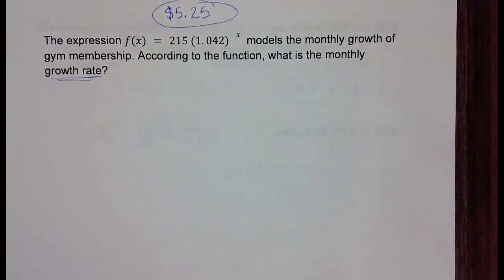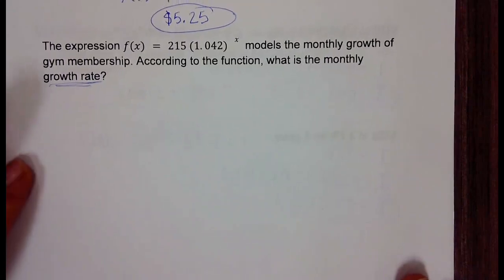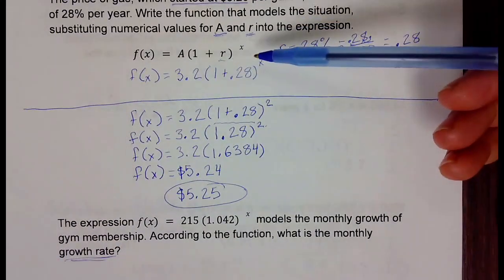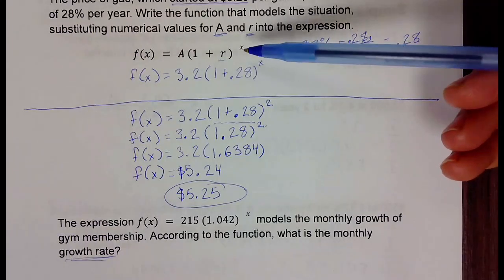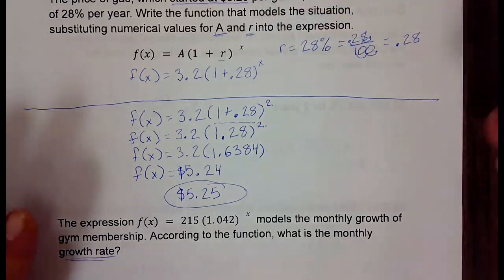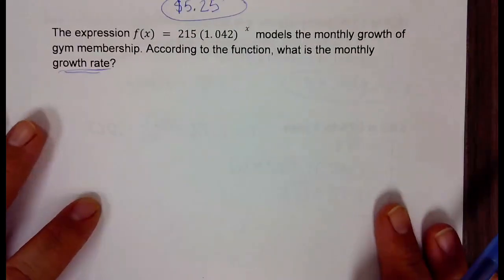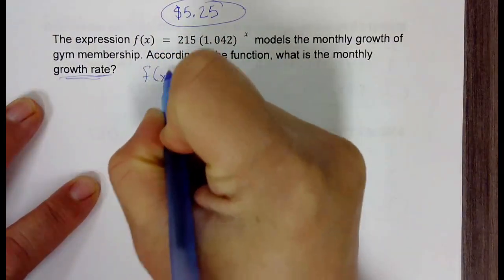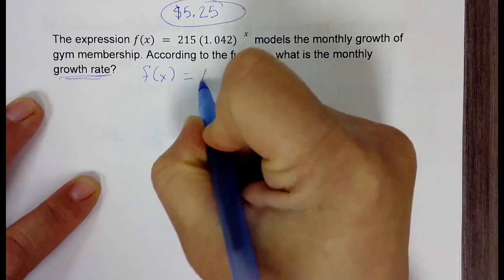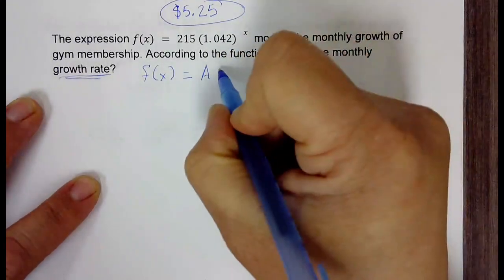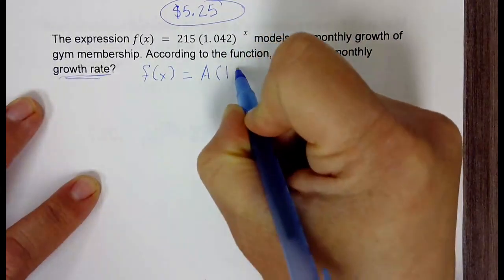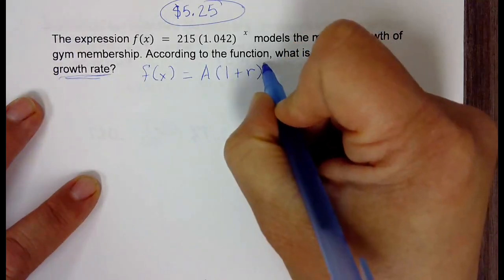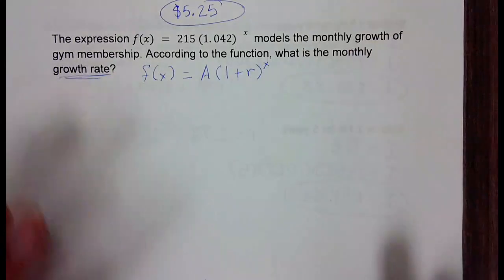So in this particular case, we're going to be looking for R, the same R that we have in this exponential growth function. So I'm going to rewrite that function at the top of the problem. F of x equals A, the amount we started with, times 1 plus R, the rate, which is what we're looking for, to the power of x.